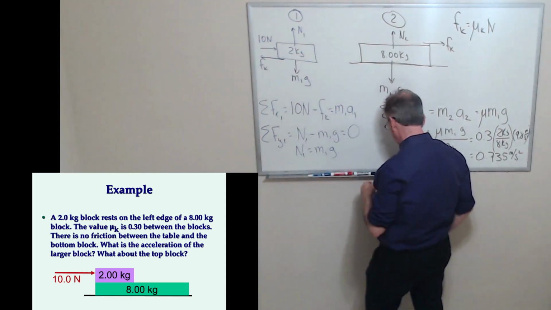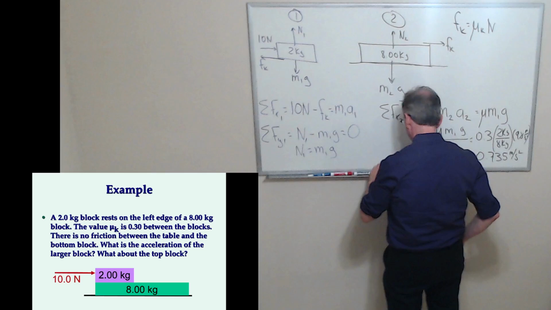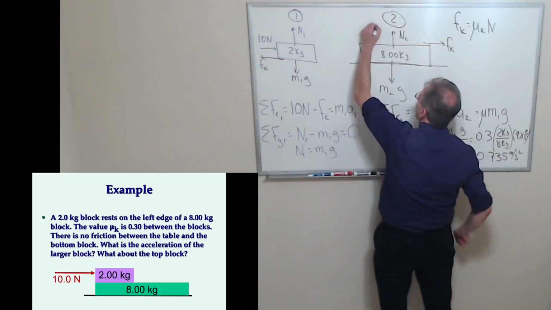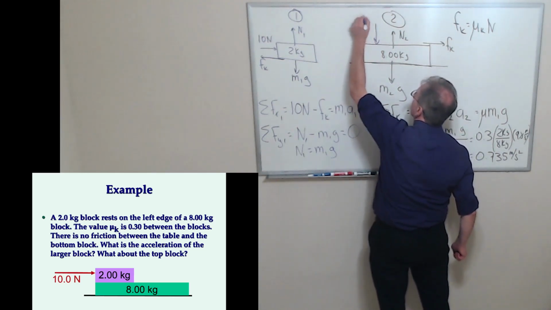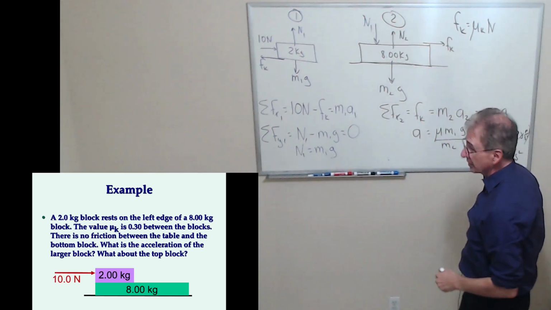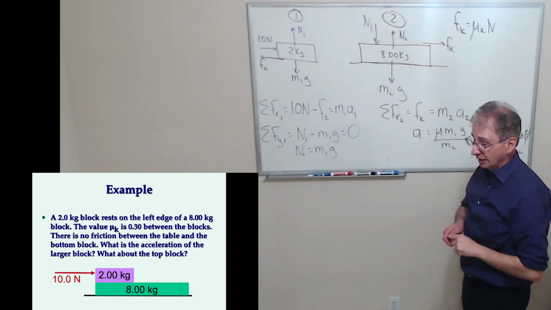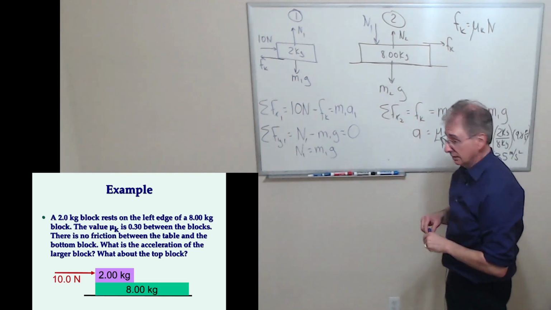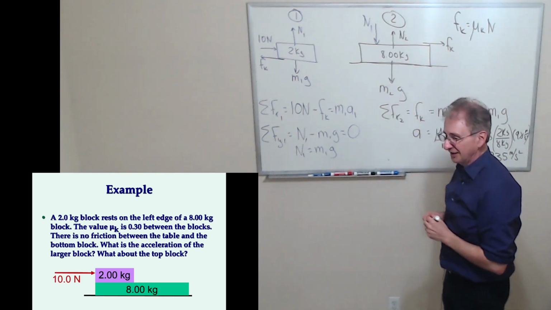The reaction to that is the force of the top object on the bottom object. So that has to be there. That was a mistake on my part. I forgot to put that in. Luckily, I caught that.